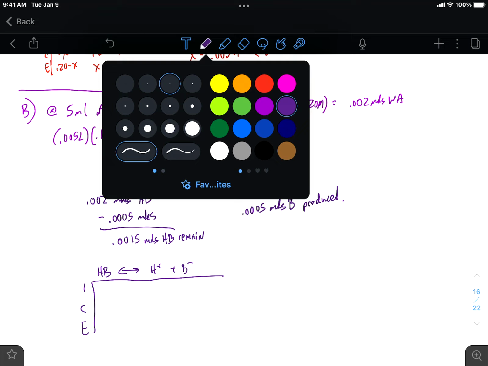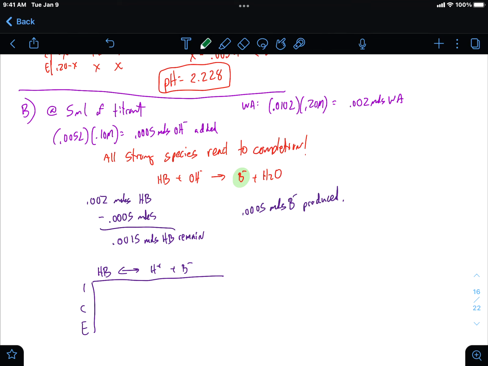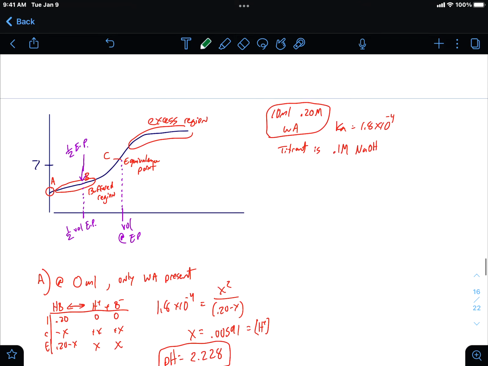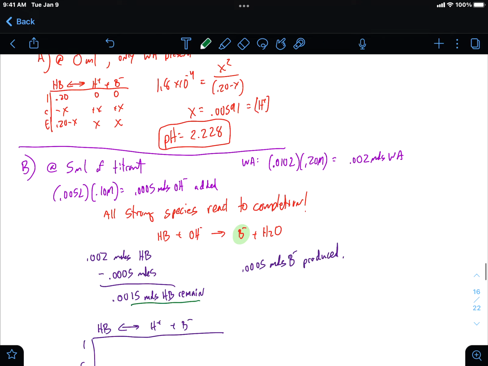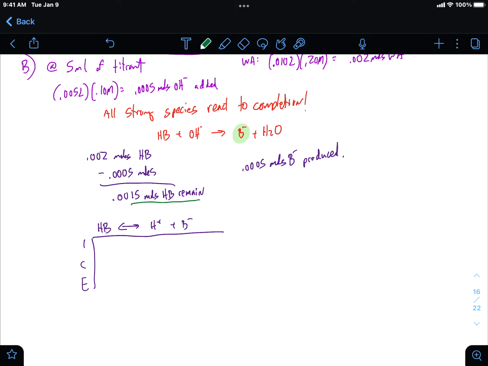So let's do this in green so it stands out. 0.0015 moles divided by our current volume. We started with 10 milliliters and we added 5, so we have a volume of 15 milliliters, so 0.015 liters. Both of these are divided by 0.015 liters.